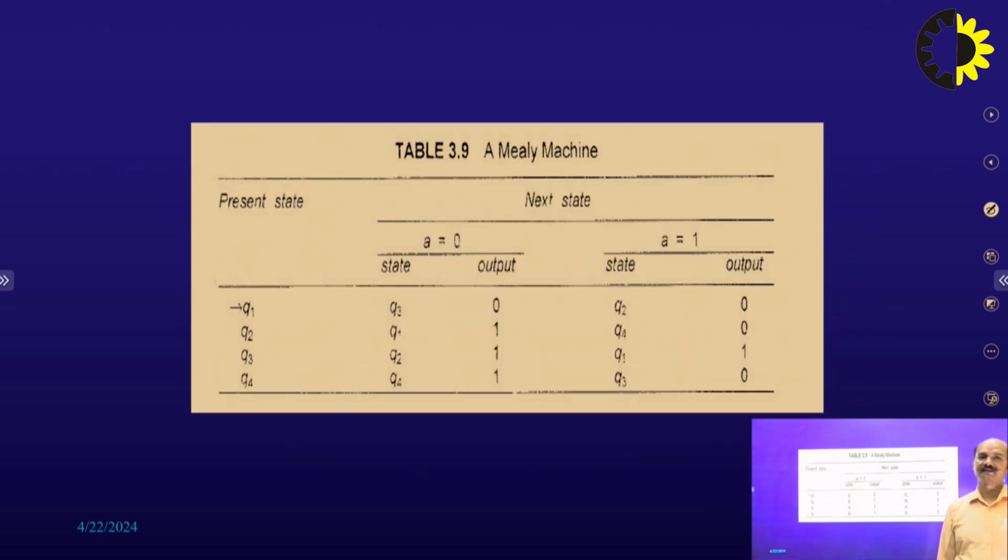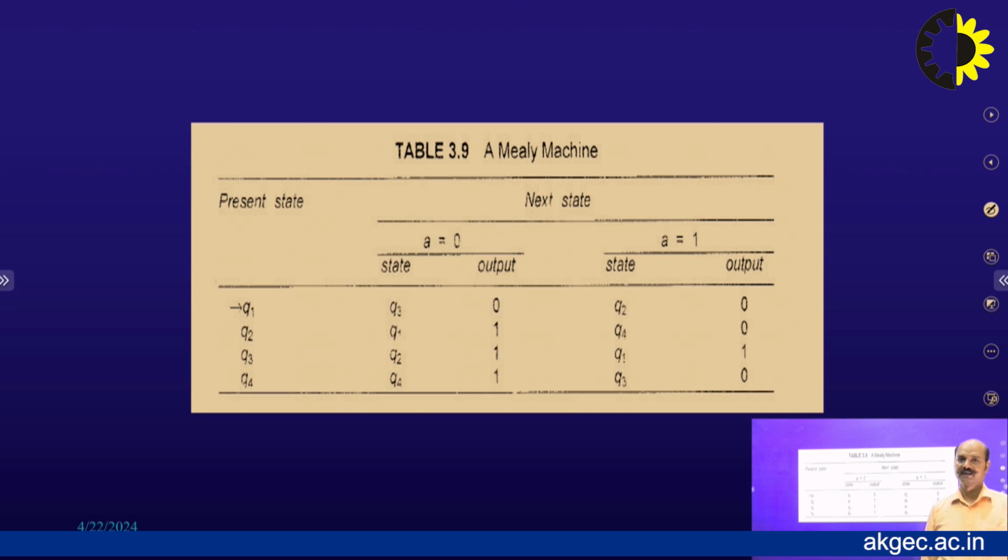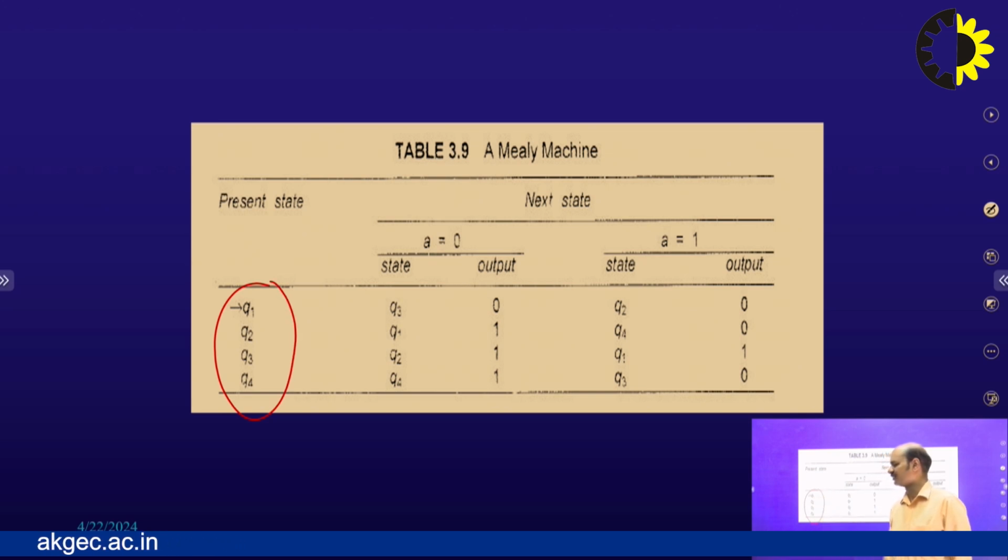Then this is the table for the Mealy machine. As usual, the only difference is the output function. Here the output depends on both the state and the input. In this system, we have 4 different states, that is Q1, Q2, Q3 and Q4.